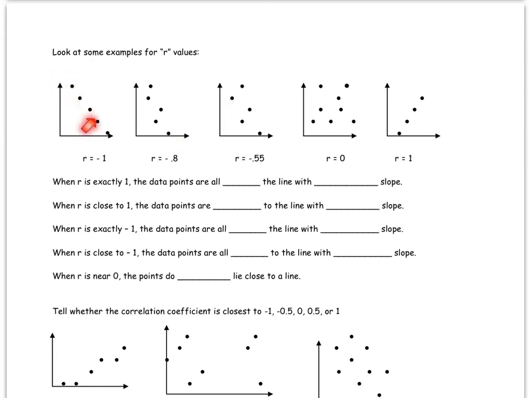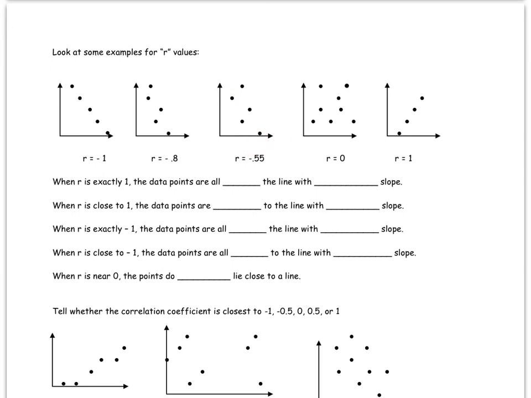R equal to -0.55. If I drew a line right down the middle here, my points are going to be close to it, but not as close as in these other two situations. And notice that all the lines I drew here are going down. That's why the R values would be negative.